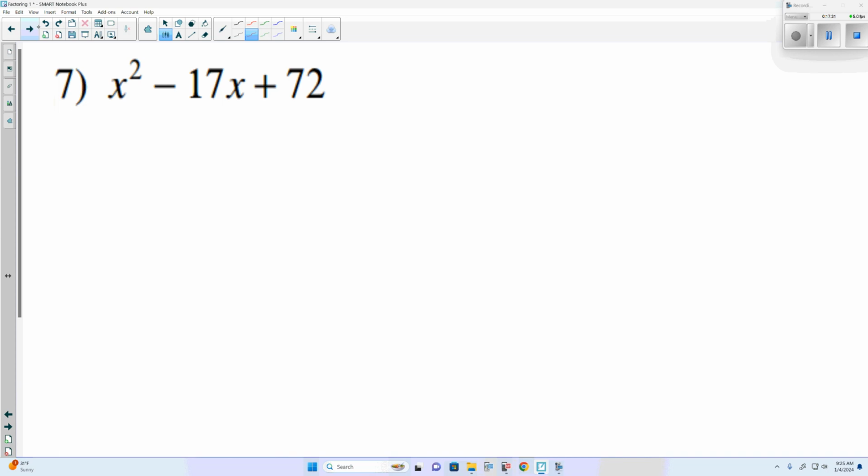x squared minus 11x plus 72. Is there a greatest common factor between these three terms? No. So we'll have 2 sets of parentheses with 3 spaces.